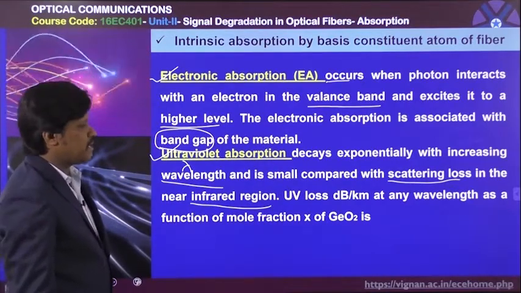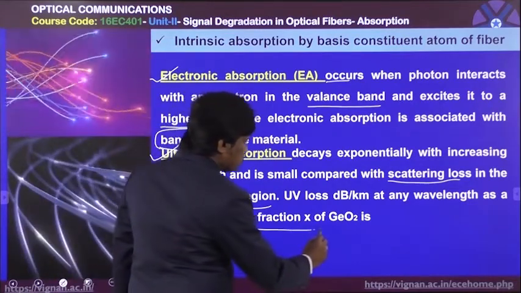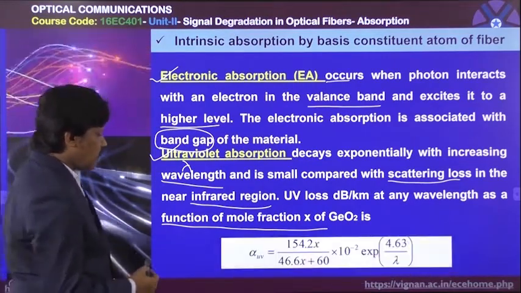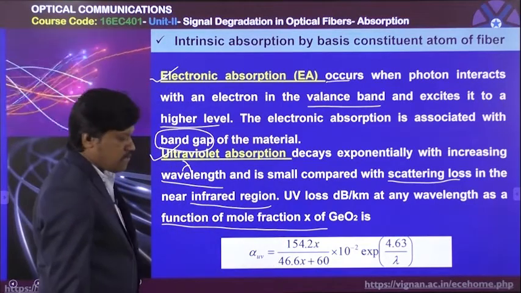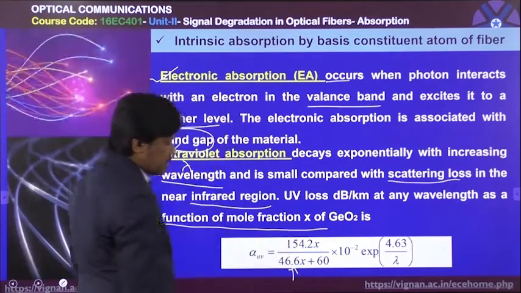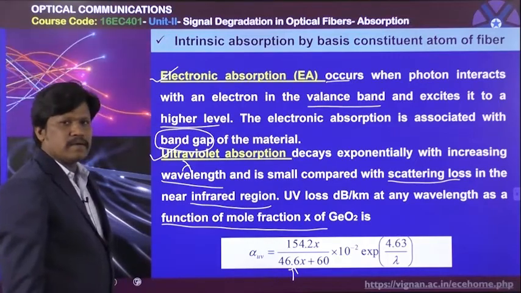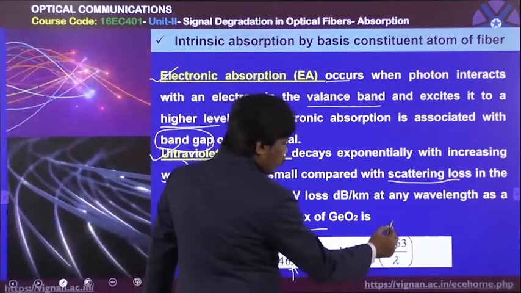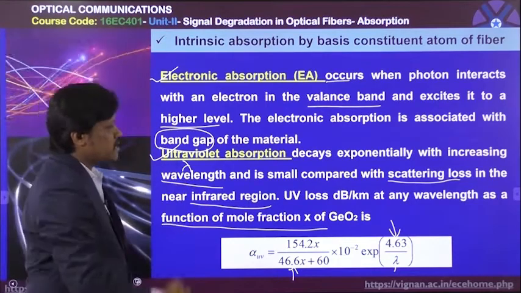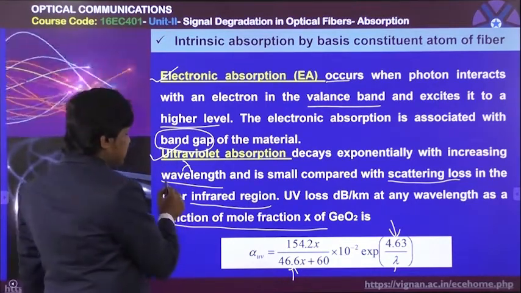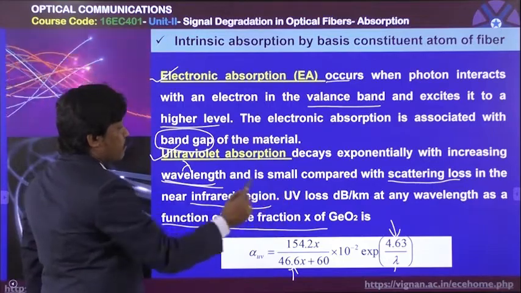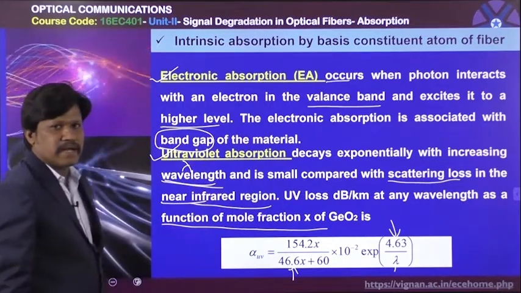UV loss in dB per kilometer at any wavelength, as a function of the mole fraction x of GeO2, is alpha UV = (154.2x + 4.66) x 10^-2 exp(4.63/lambda).